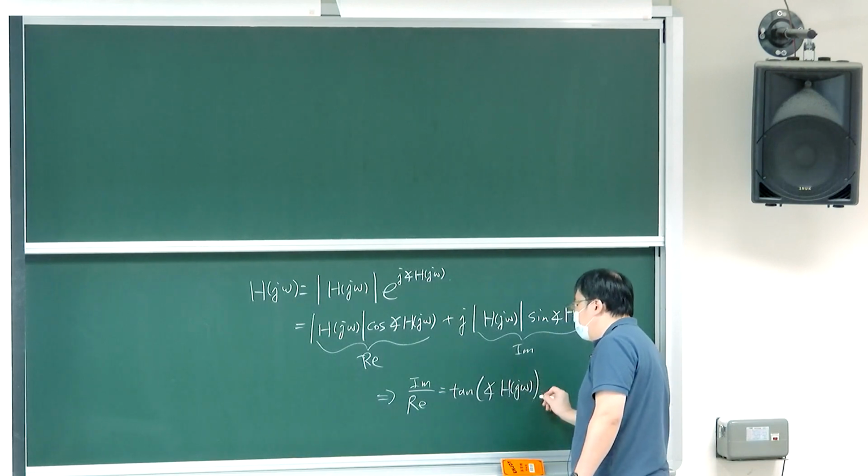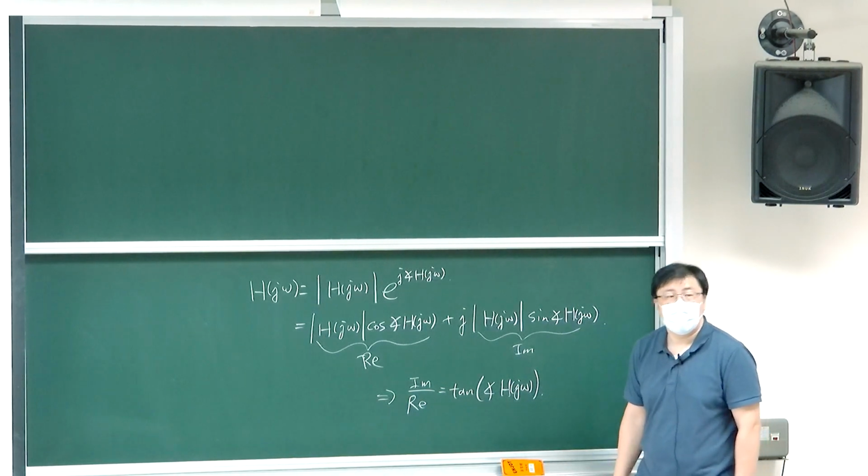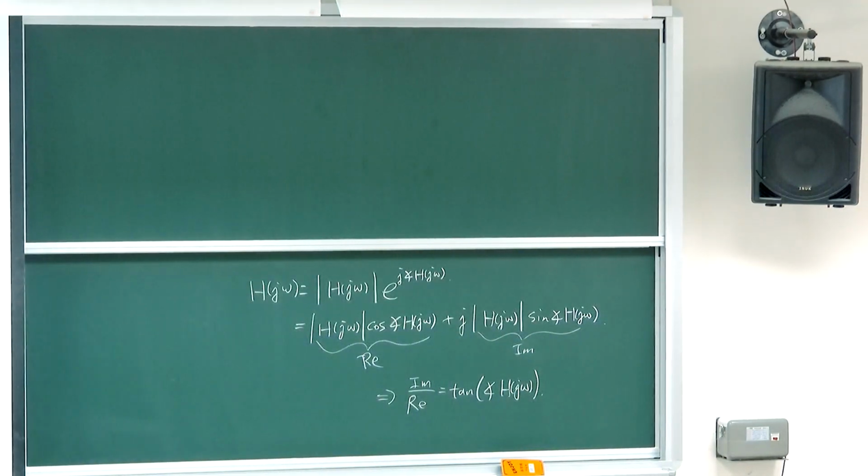Therefore, if you want to find the phase, you take the ratio between the imaginary and the real part. So this is minus omega RC over 1 plus omega square R square C square, over 1 over 1 plus omega square R square C square, arctangent of this.